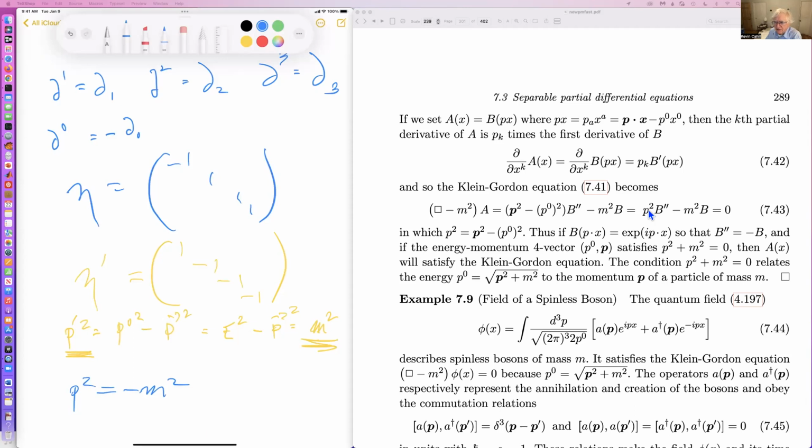what have I done here? This is p squared minus m squared equals 0, right? Because now something is screwed up here. That's minus m.